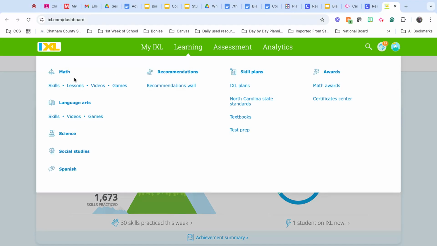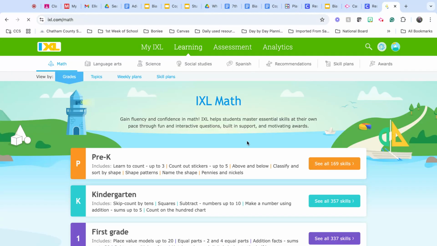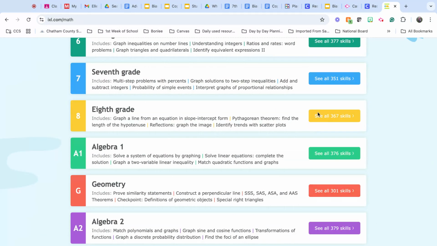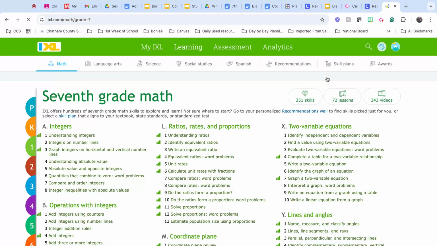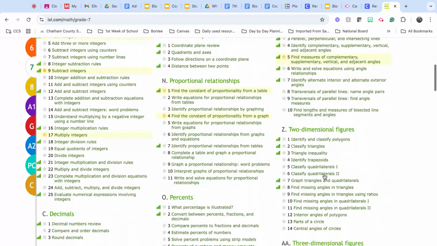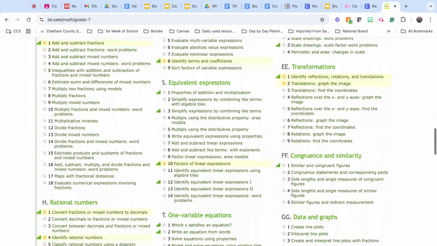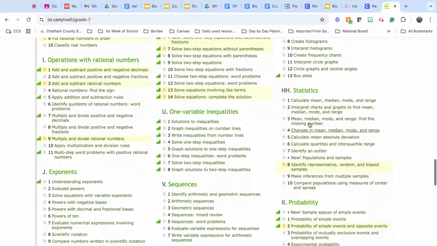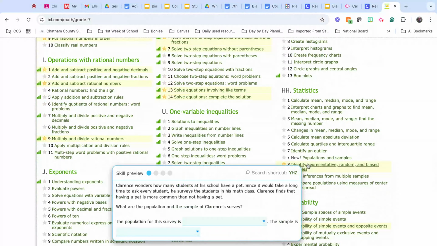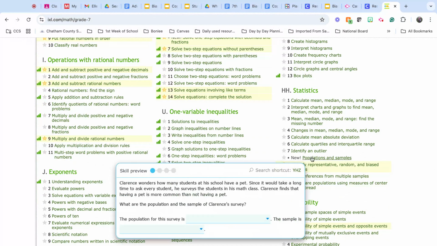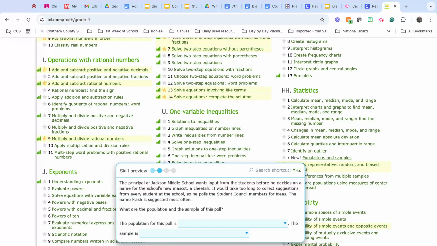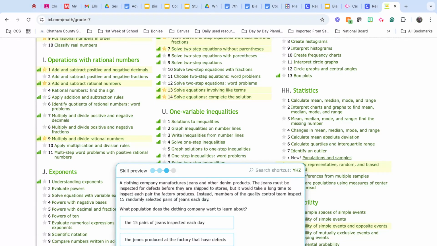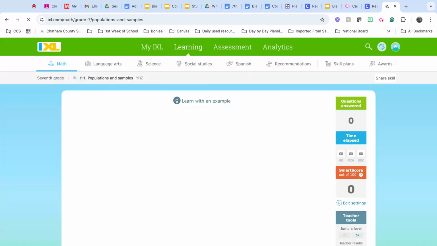Here we go. If you go to Learning and Skills, of course, go to 7th grade. And if you go down to HH Statistics, you have 2 things I want you to look at. I want you to look at populations and samples, which goes through and makes sure you understand what populations and samples are.